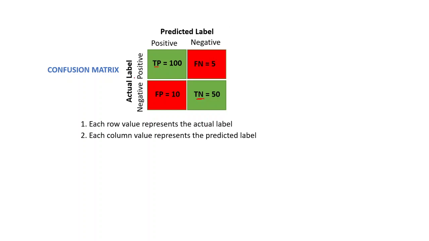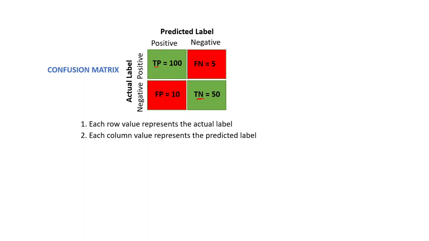Every time the rows will be the actual label and the columns will be the predicted label. But the positions of positive and negative might interchange. That doesn't really matter, and you will be able to find out from your false positive and false negative placements.